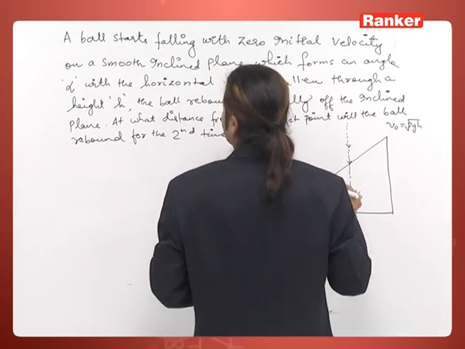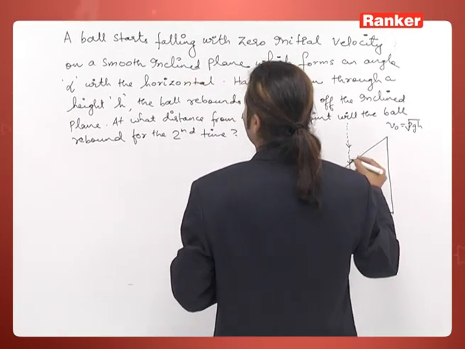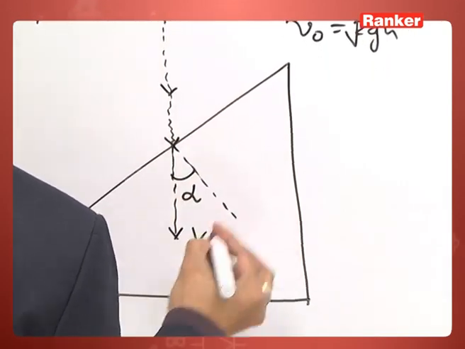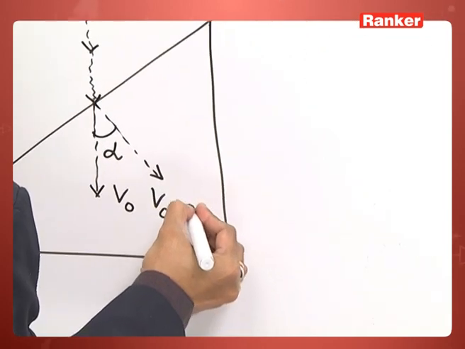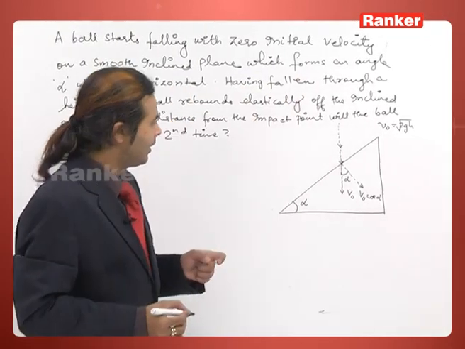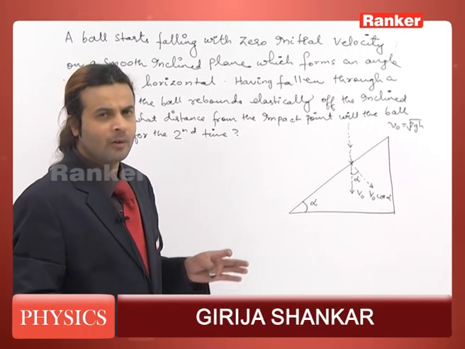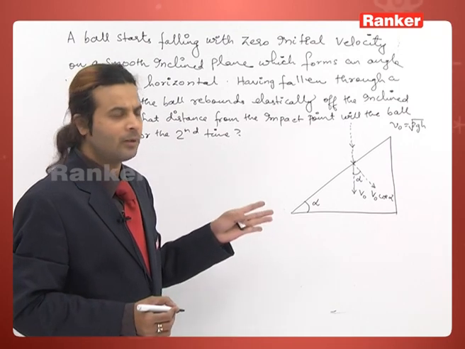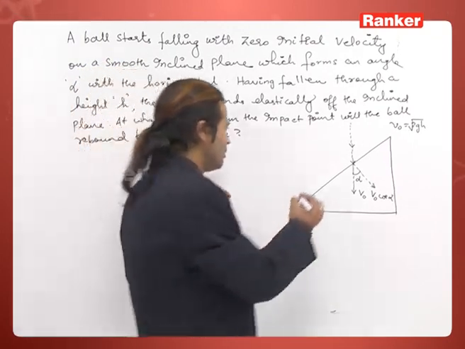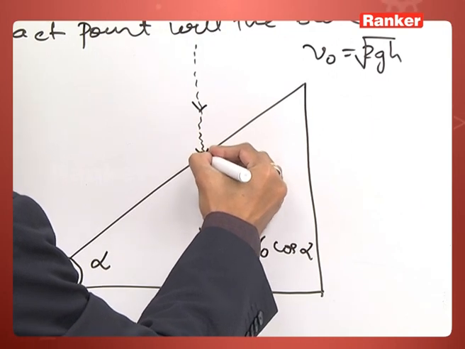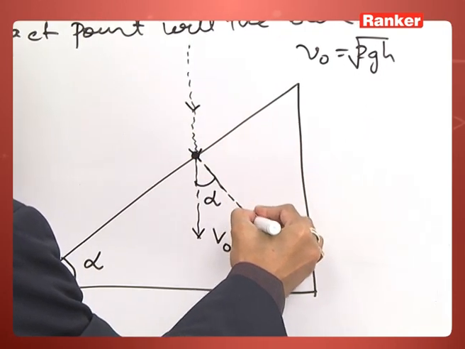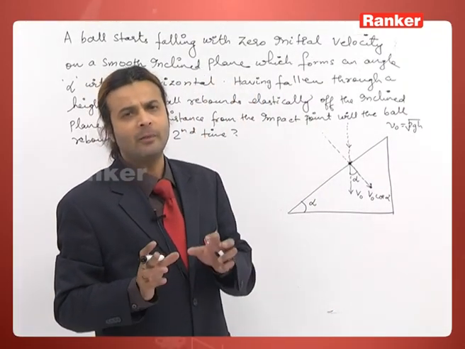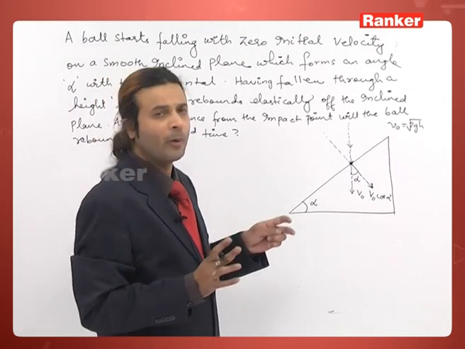Now this angle is alpha, so this one will be alpha, this one will be v naught cos alpha. Now remember, when there is an elastic collision, always we should take the perpendicular component to the impact point. So this is the impact point, perpendicular is this one. So always we will have the perpendicular to the impact point, whatever the orientation may be.